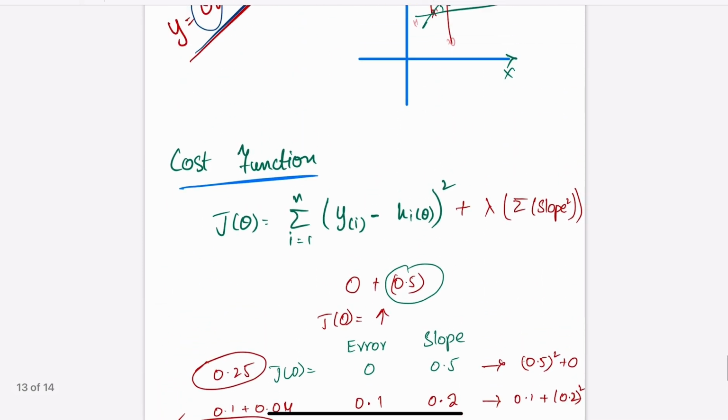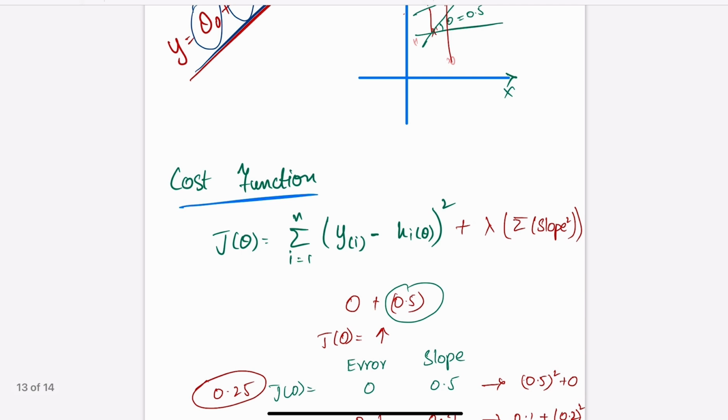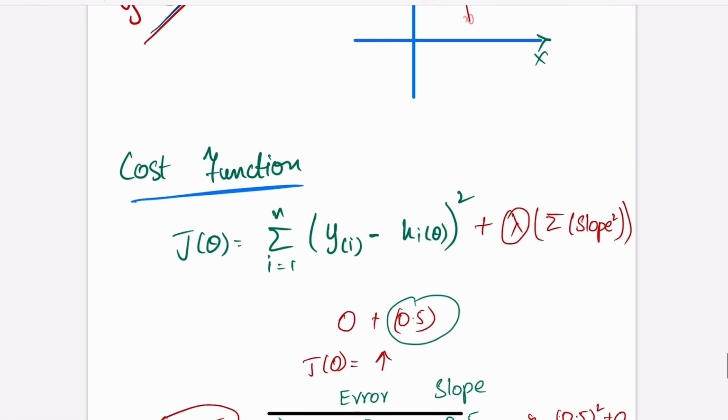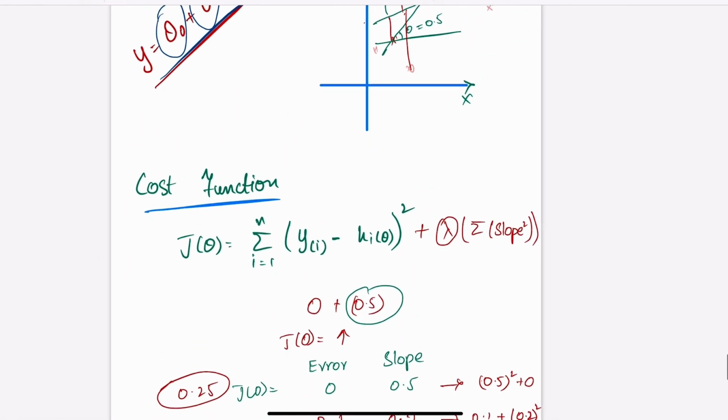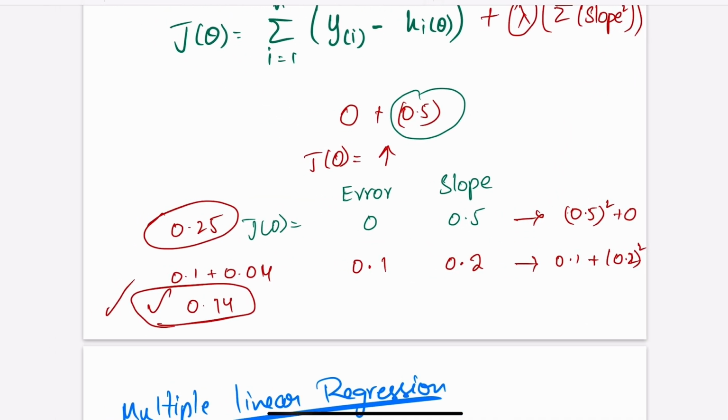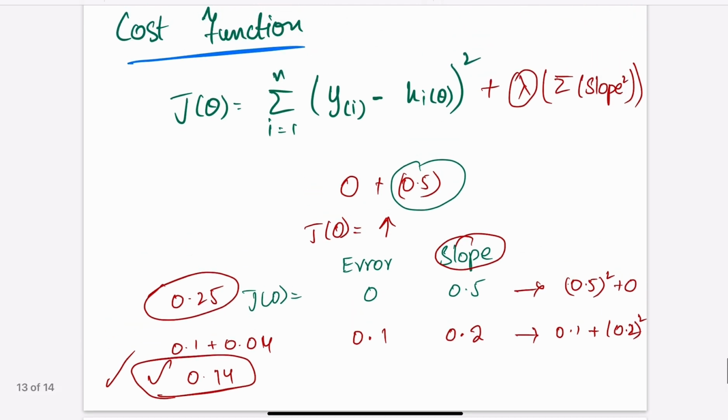I have explained about slope, right? Now I need to explain about this lambda. Lambda is like a hyperparameter where you decide which one to give more preference. For instance, if you want to give more preference to the slope instead of the error, you will multiply it more.